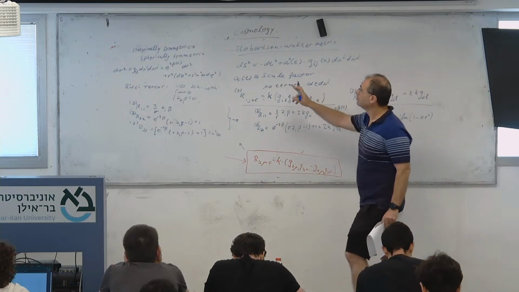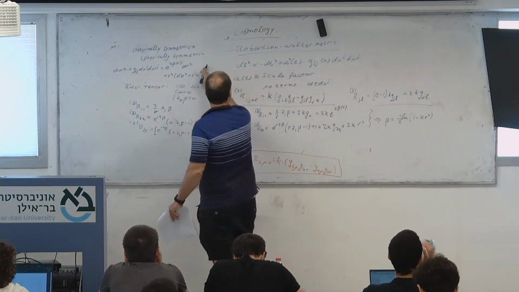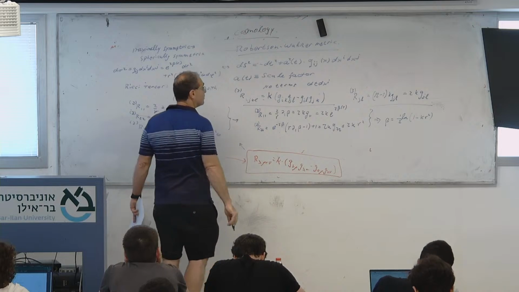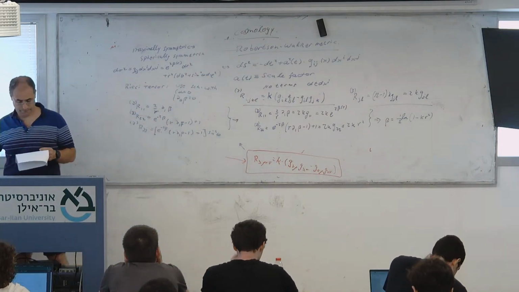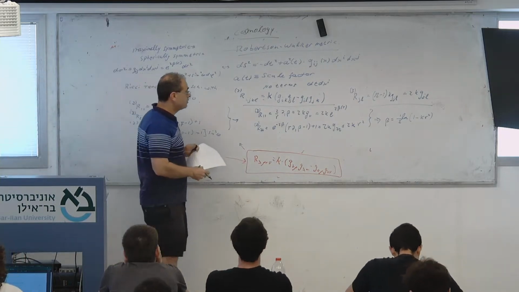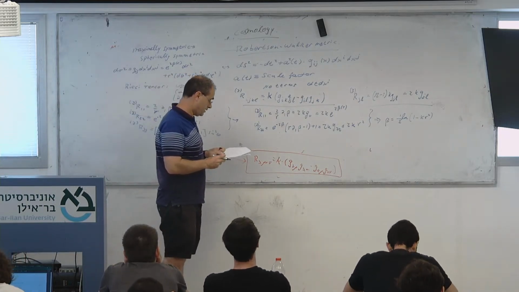So plug it into the metric. K could be positive or negative. I don't know, k is k.